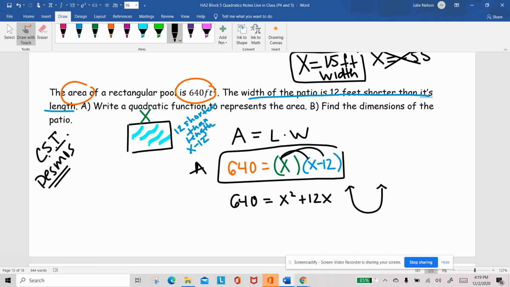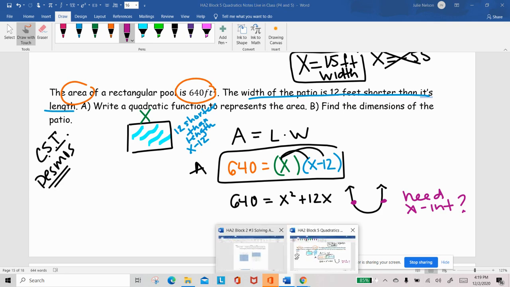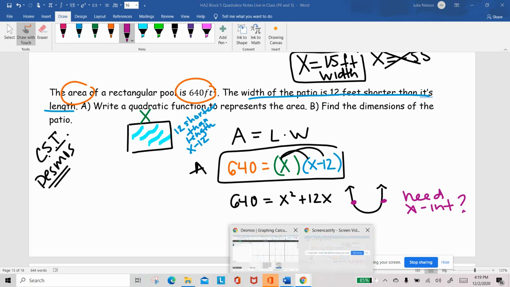What I need to know is my x-intercepts. The reason I need my x-intercepts is because I'm looking for what x equals. So I look at the graph and ask, where are my x-intercepts?